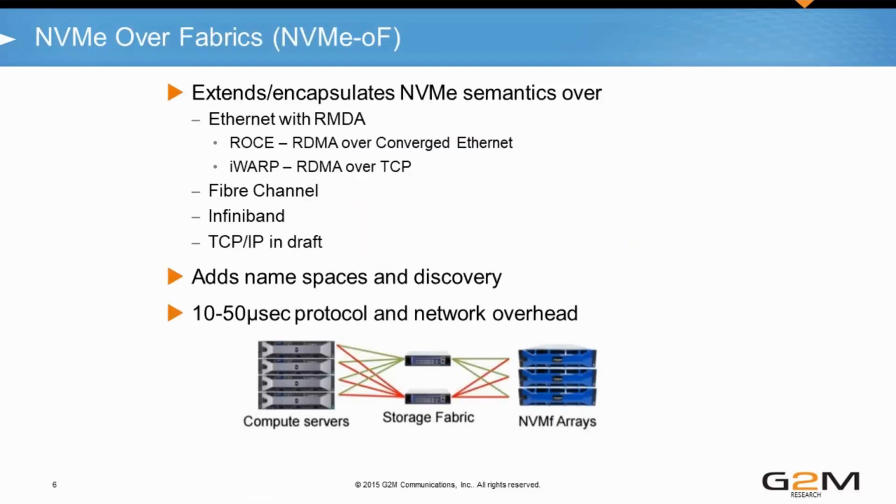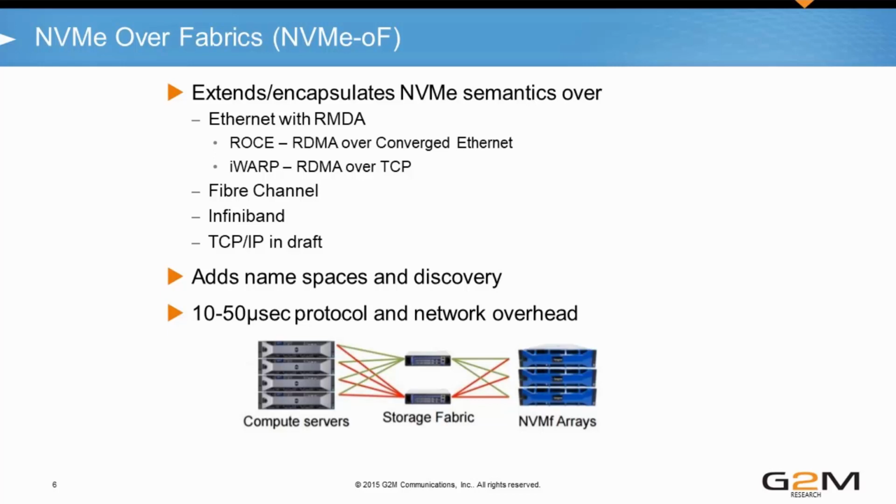So the problem with NVMe is that NVMe is almost exclusively a PCIe software interface. The hardware interface is still that bus in the server. And that means that all the storage is local. We have, over the past 20 years, designed our data centers around the concept of shared storage.